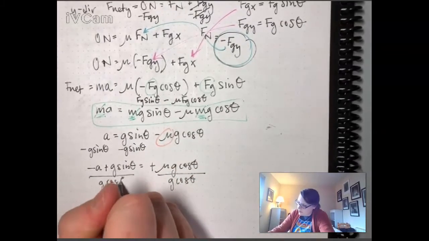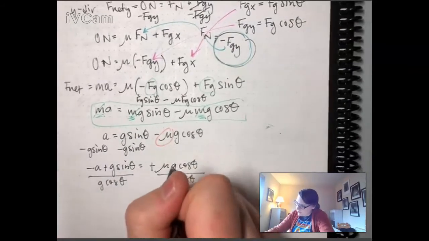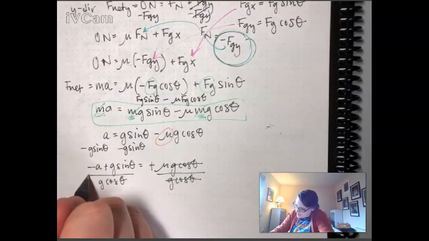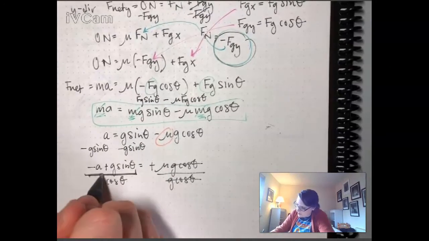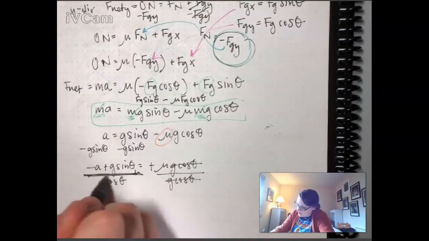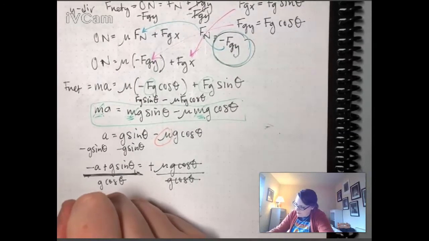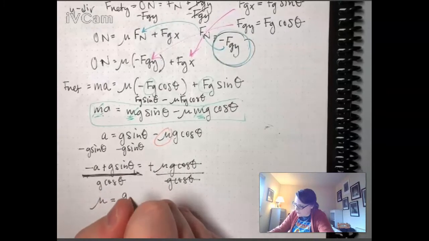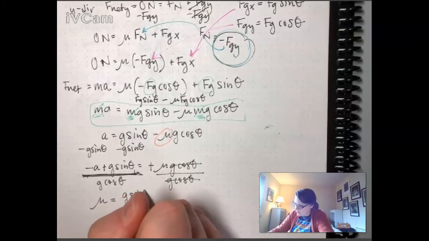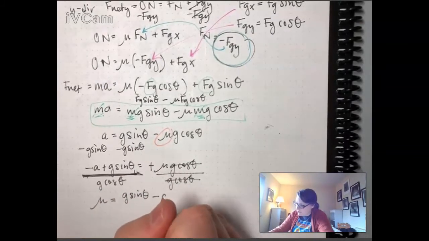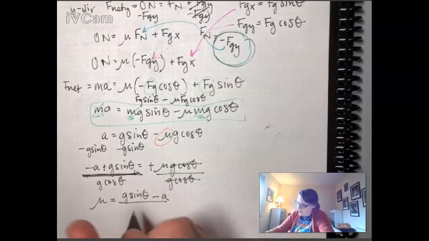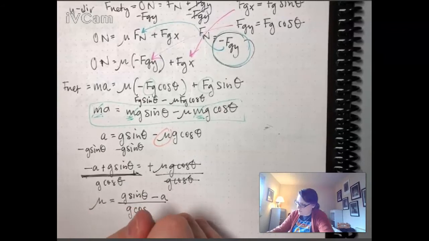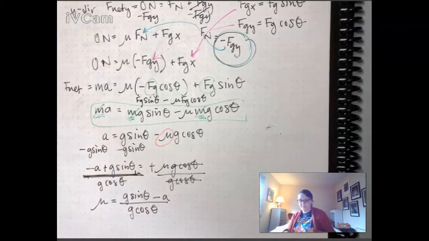Get rid of that. Just like that. Remember, this is the whole side. Make sure you pay attention to what you're dividing, the whole side. I've got that my coefficient of friction is equal to, I'm going to put my positive term first, acceleration of gravity times sine of theta minus my net acceleration divided by the acceleration of gravity times the cosine of theta.